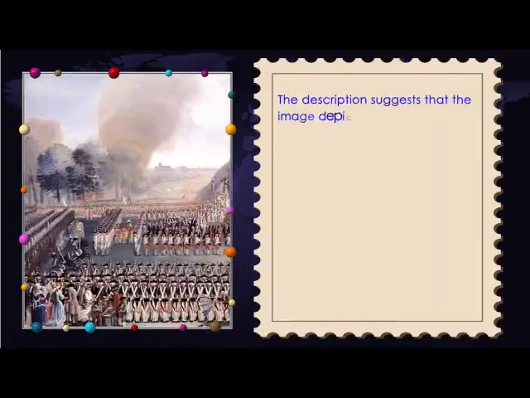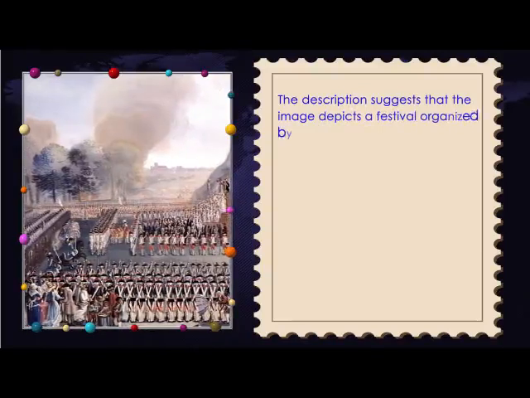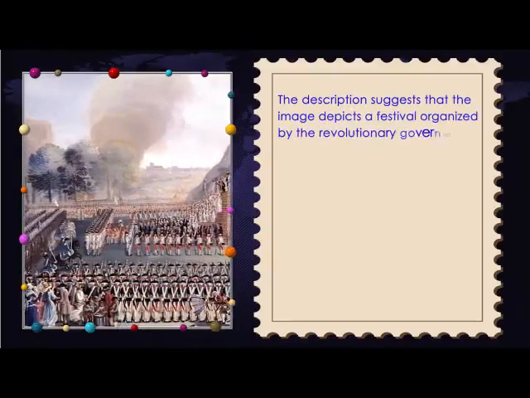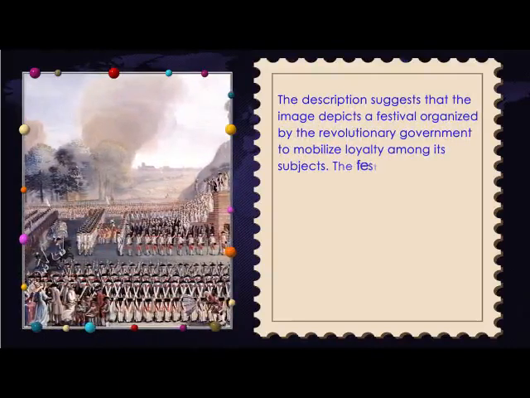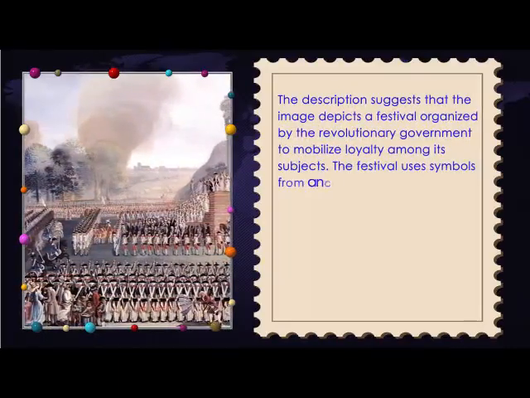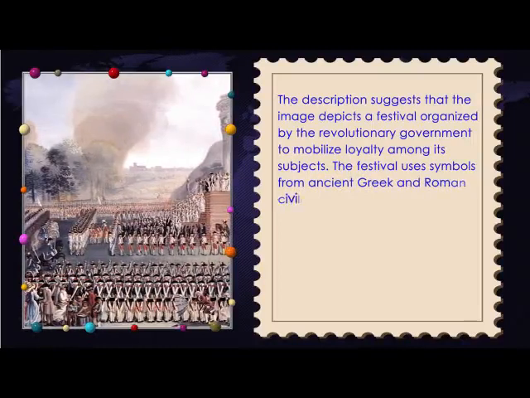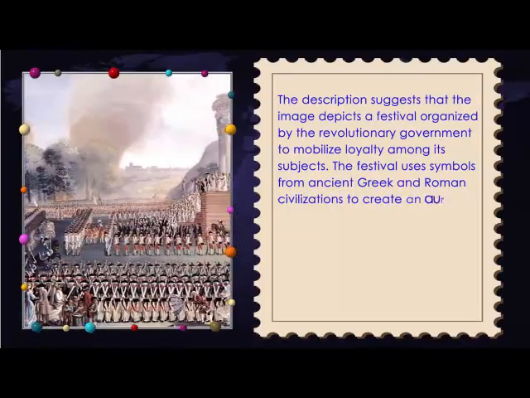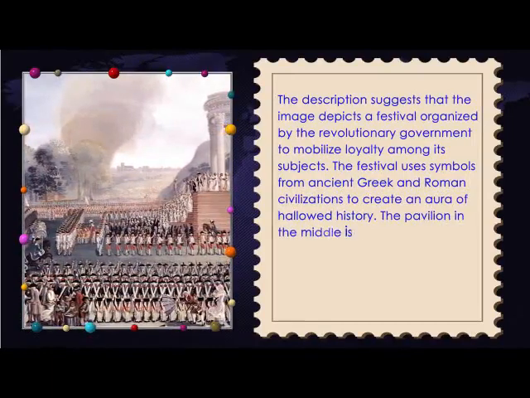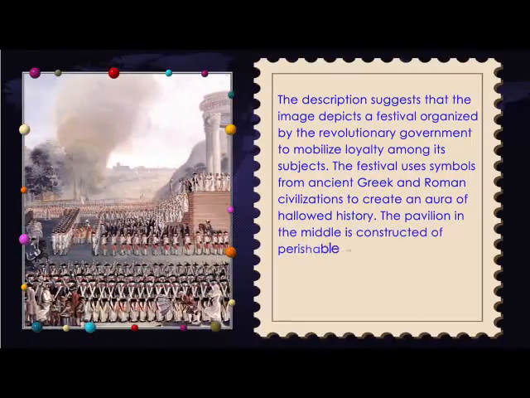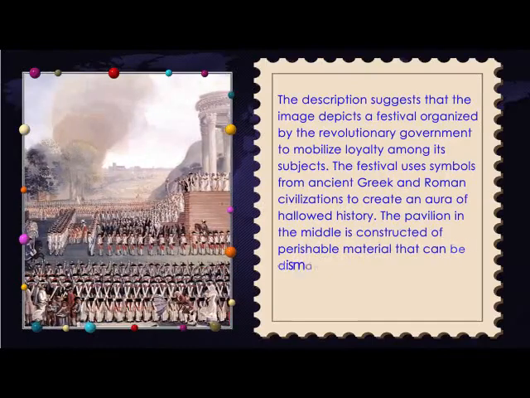The description suggests that the image depicts a festival organized by the revolutionary government to mobilize loyalty among its subjects. The festival uses symbols from ancient Greek and Roman civilizations to create an aura of hallowed history. The pavilion in the middle is constructed of perishable material that can be dismantled.